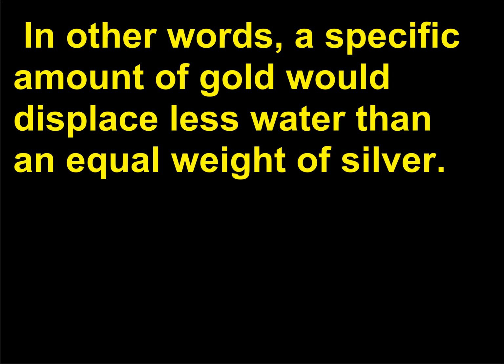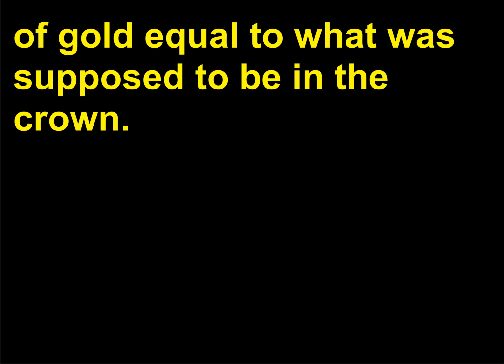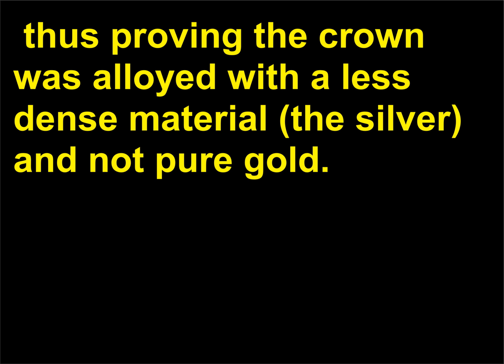The next day, Archimedes submerged the crown and an amount of gold equal to what was supposed to be in the crown. He found that Hiero's crown displaced less water than an equal weight of gold, thus proving the crown was alloyed with a less dense material, the silver, and not pure gold.